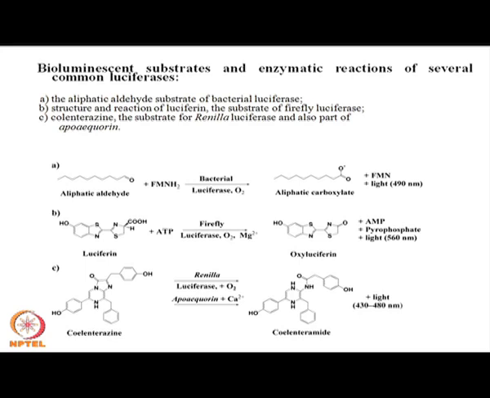So that is why bioluminescence is progressively becoming important, especially in in vivo study, in vivo spectroscopic study. You can make use of this bioluminescence, bioluminescent substrates and also enzymatic reactions.